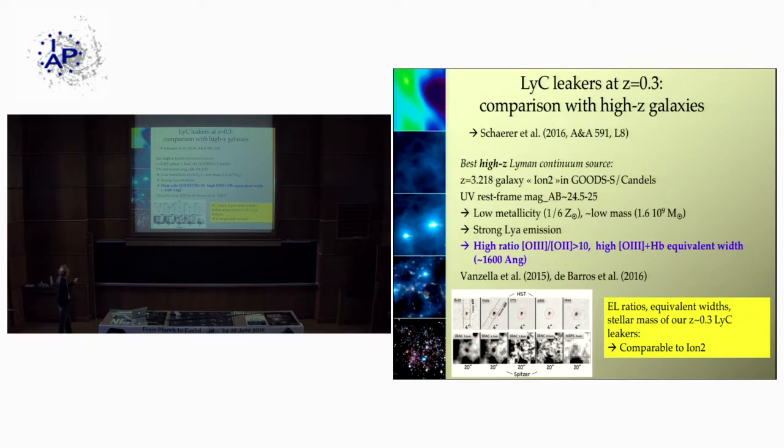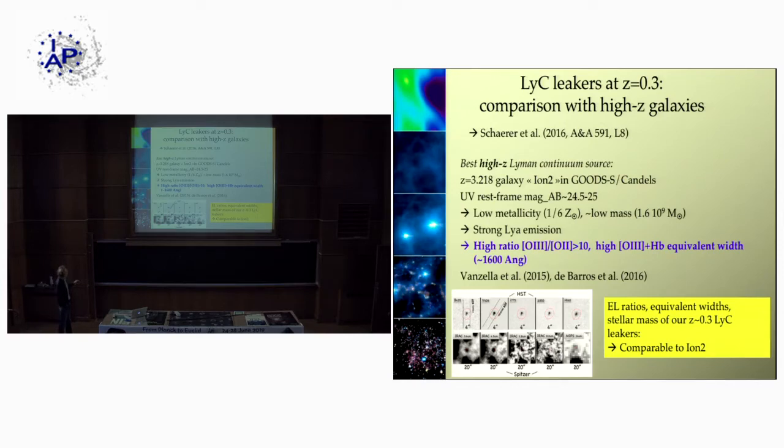And what is interesting is that this single galaxy here, the best redshift 3 Lyman continuum leaker, has in fact a metallicity of the order of 1/6 solar, a stellar mass of the order of 10 to the 9, which is exactly the same as our galaxies. It also shows strong Lyman-alpha.